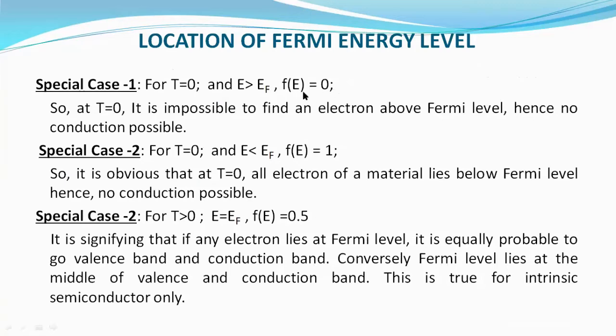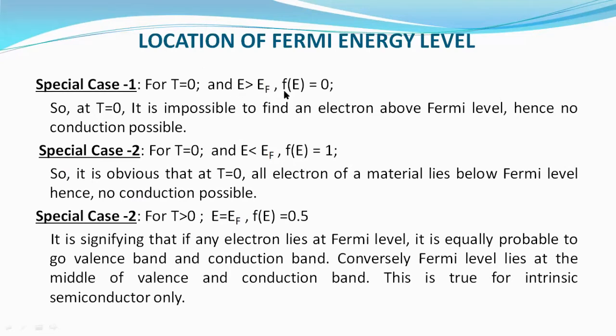That means when f of E is equal to 0, the probability of finding any electron at energy state E is 0. That means there is no electron. So when absolute temperature is 0, there is no electron available above the Fermi level. We have considered some arbitrary energy level E which is above the Fermi level.